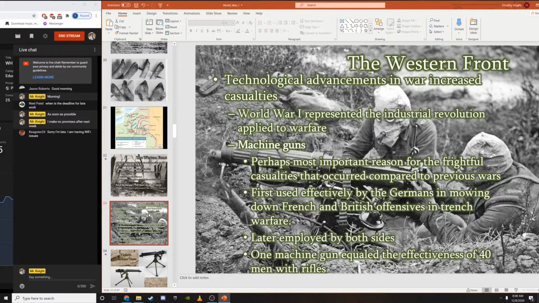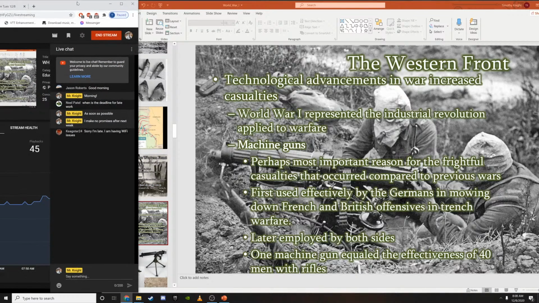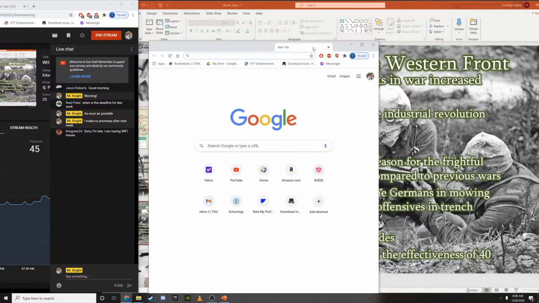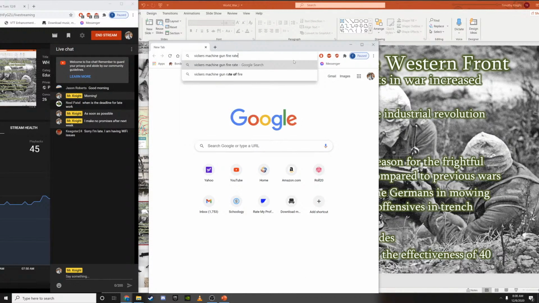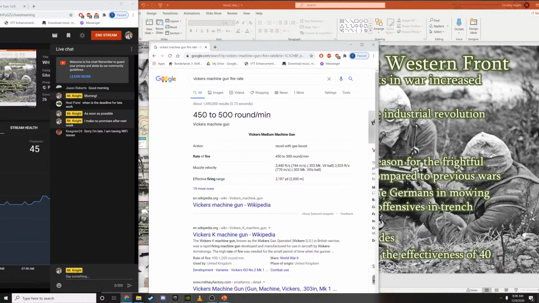What is the fire rate of a Vickers machine gun? I should probably look it up. 450 to 500 rounds a minute, okay? A minute. That's amazing.